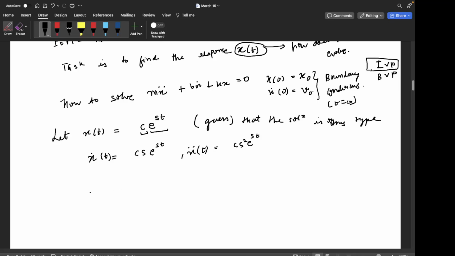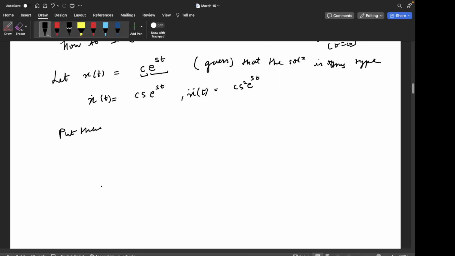Okay, now we put these values in the differential equation. Okay, so the equation was m x double dot plus b x dot plus k x is equal to 0.